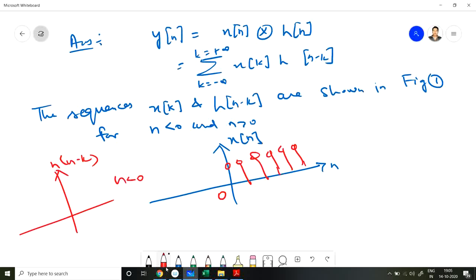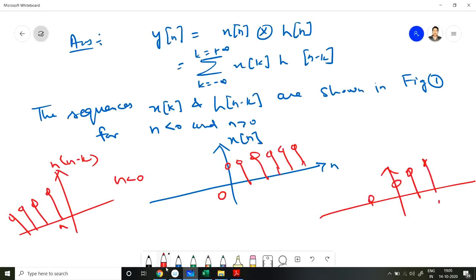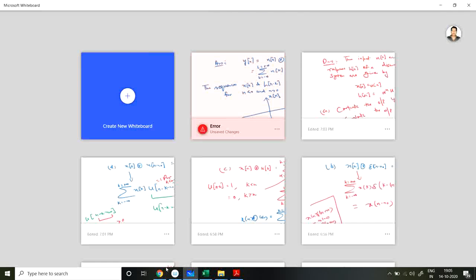This is for n less than 0, and for n greater than 0 we have this type of relation. This is h[n minus k] for n greater than 0. So let us again plot this graph because it was congested.